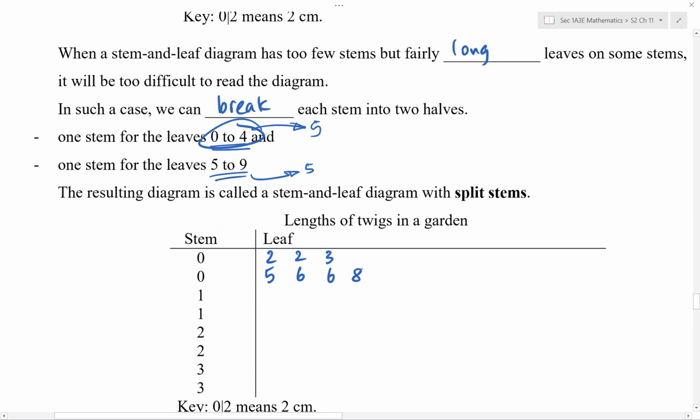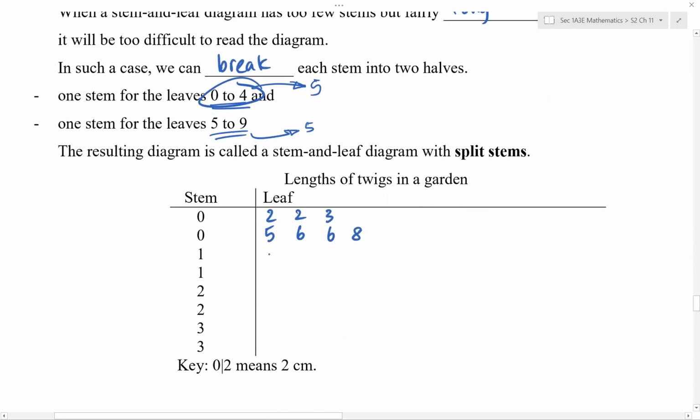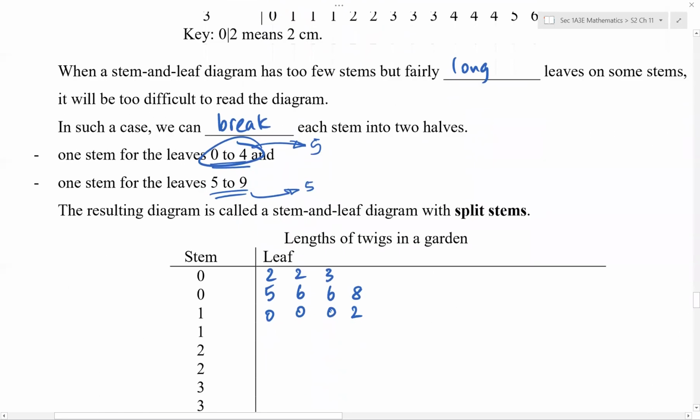So you get the idea. What about the 1? The stem with digit 1. Again, from the leaves from 0 all the way to 4, these are the ones. 0, 0, 0, 2. Next, we have 6, 6, 8, 8, 9.